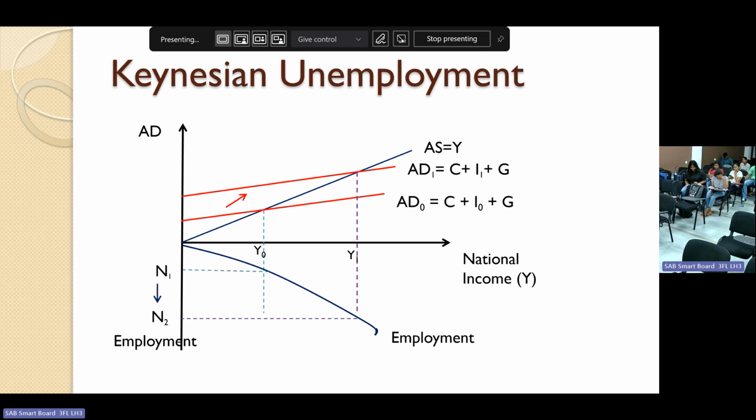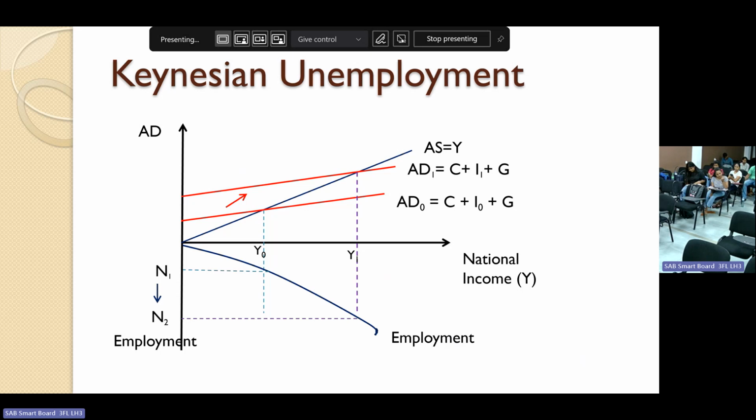So the output level also increases, and employment also increases. That is associated with demand. If there is lower demand, that will create unemployment, high unemployment.